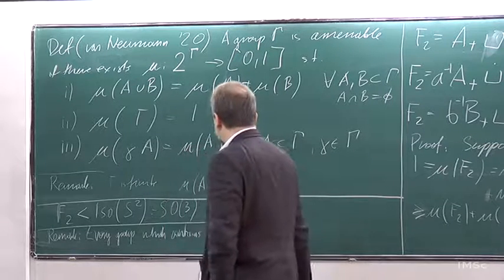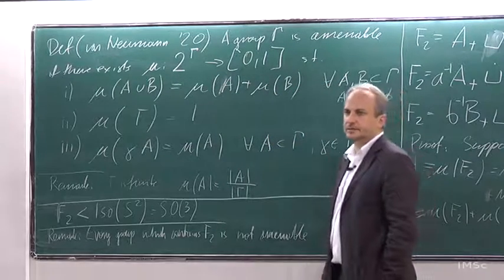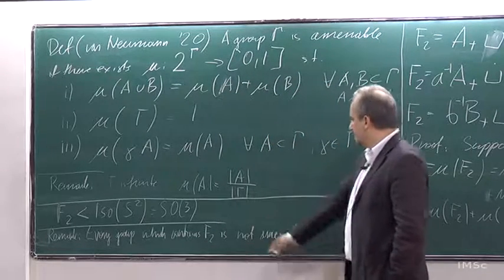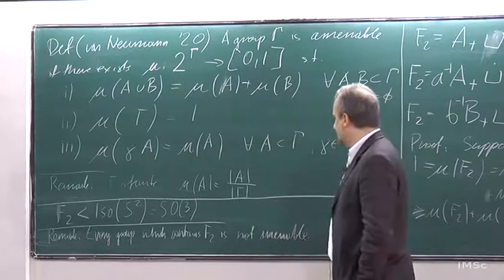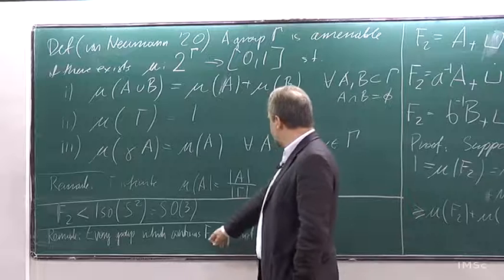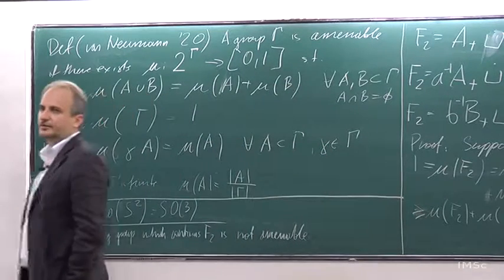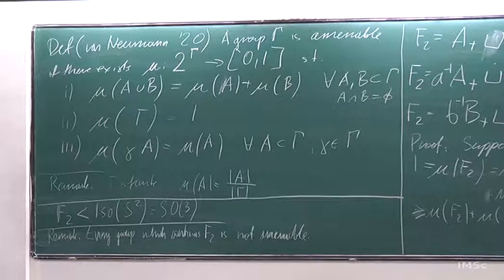So many linear groups like SL3Z and so on are non-amenable, and the reason is very simple. If you have a paradoxical decomposition for a subgroup, you can induce it for the whole group, with the same number of pieces in this paradoxical decomposition.